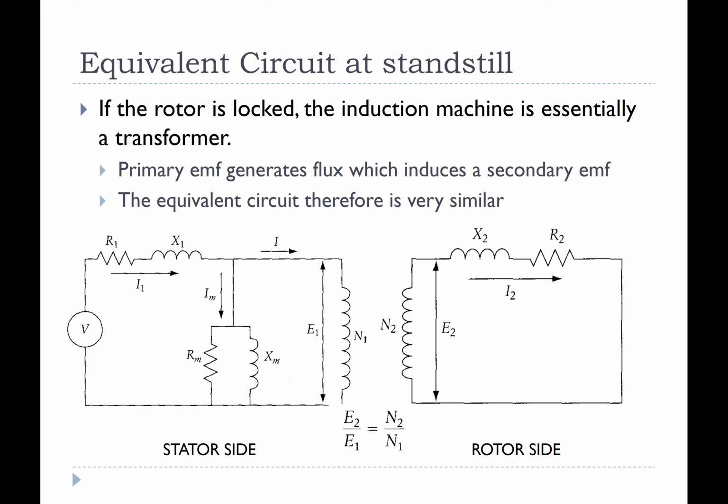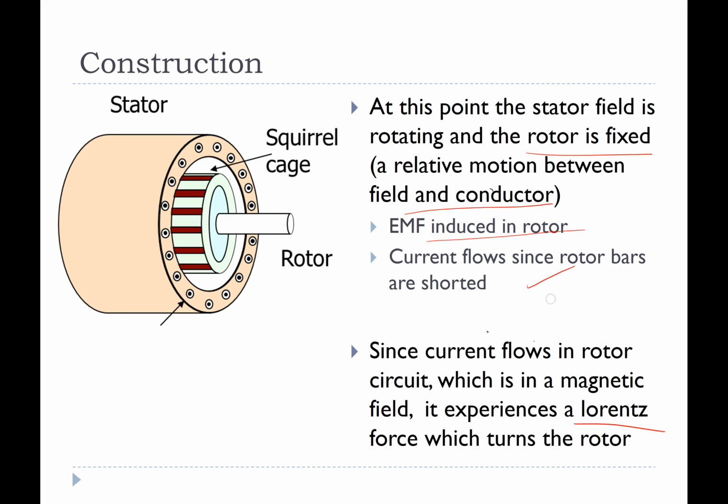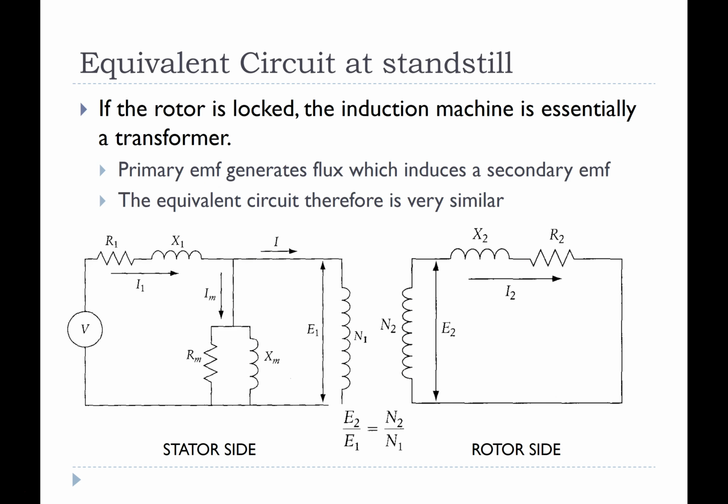So if you think about it, that is exactly what a transformer does. The only difference between the induction machine and the transformer is a small gap between the rotor and the stator, which is simply to allow the rotor to turn. It couldn't turn if there were no gap between the stator and the rotor.